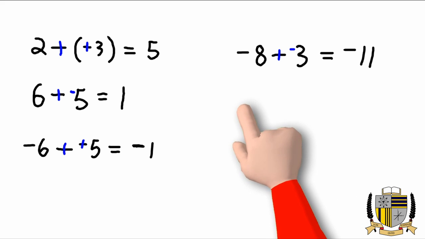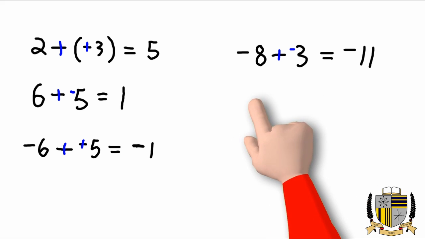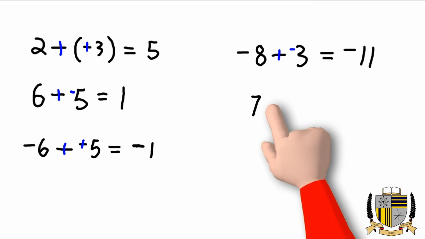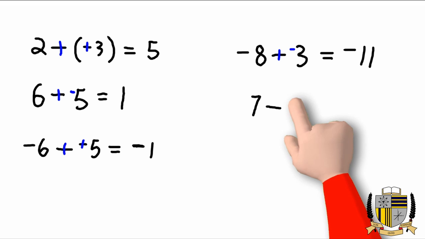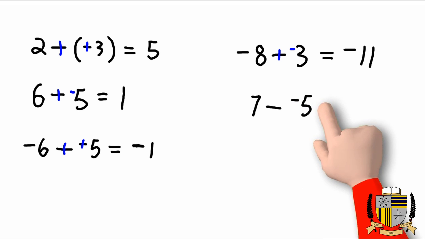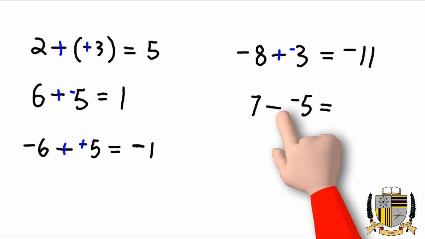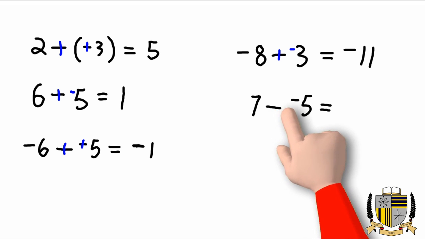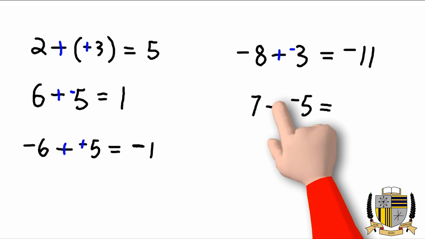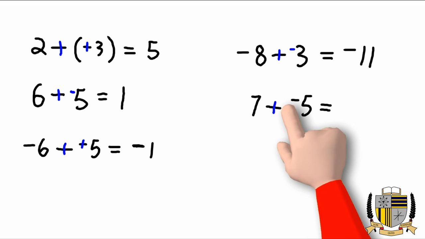I'll do one more. We have a 7 minus a negative 5. Well, here's a subtraction of signed numbers. We're going to turn that to an addition.